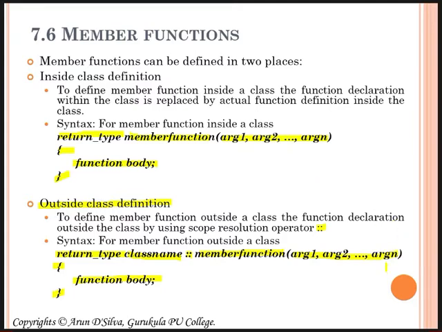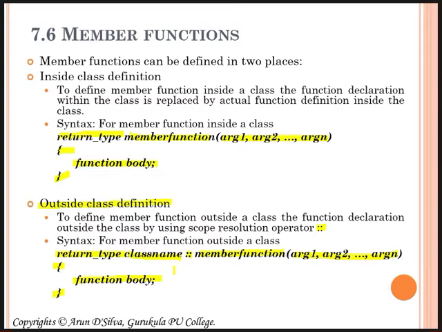The second one is the symbol, this double colon that you are using. It is called the scope resolution operator. The usage of the scope resolution operator along with the class name in the header of the function is for the compiler to identify it. Third, several classes can use the same function name.